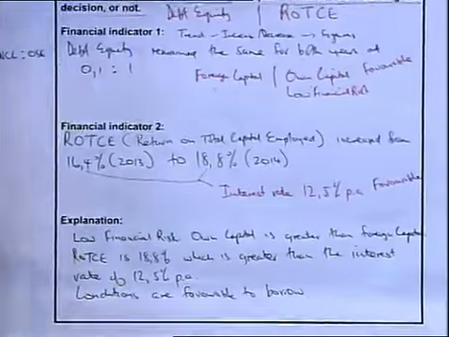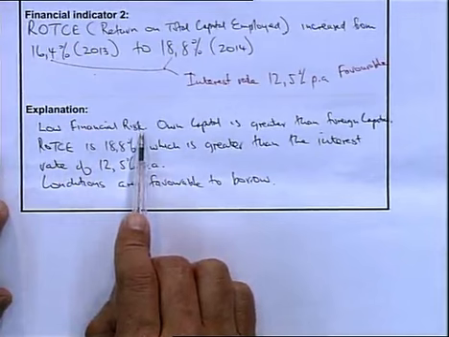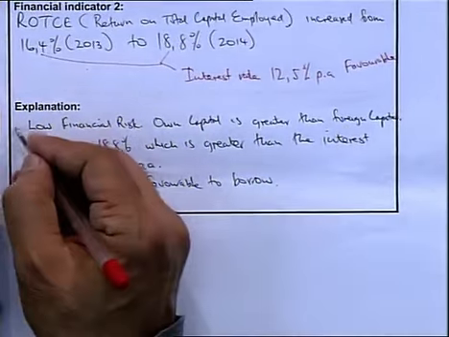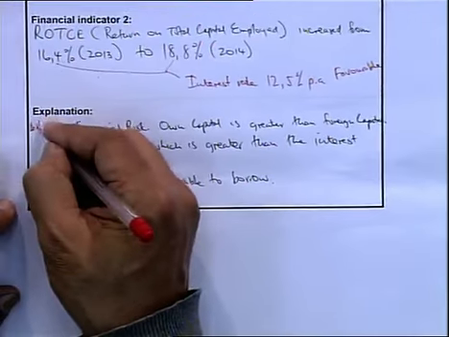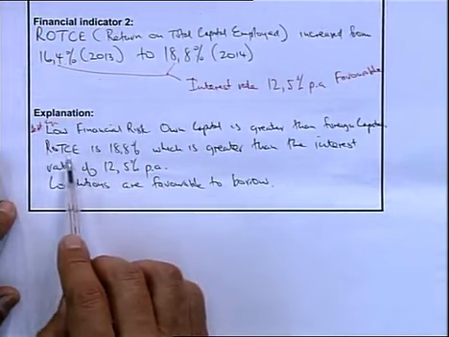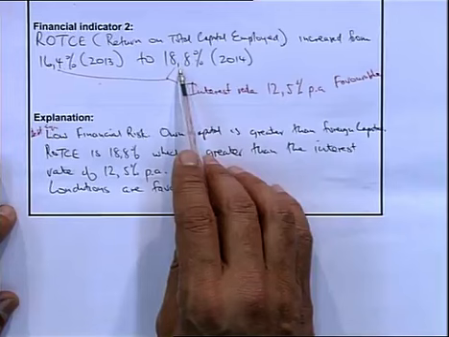So again, when we get to the general explanation, it's low financial risk, own capital is greater than foreign capital, right? That refers to the debt equity. That's your debt equity ratio. Then the second one is the return on total capital employed is 18%, which it is currently, right?